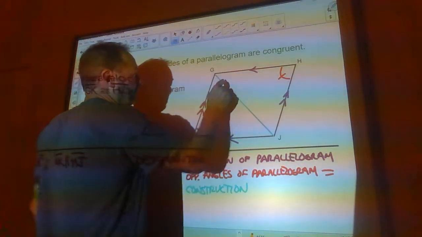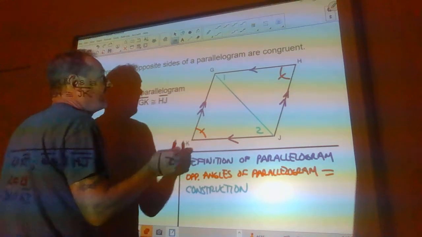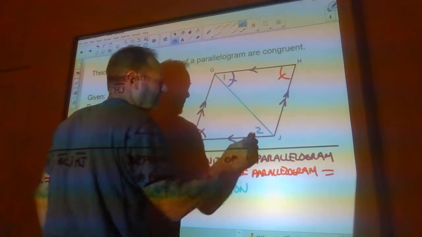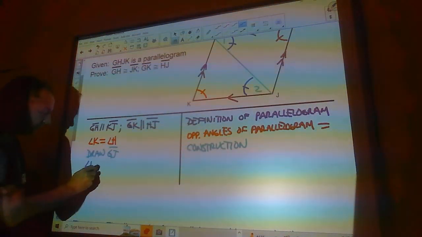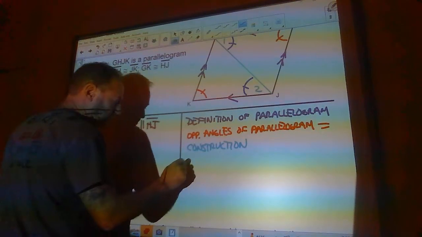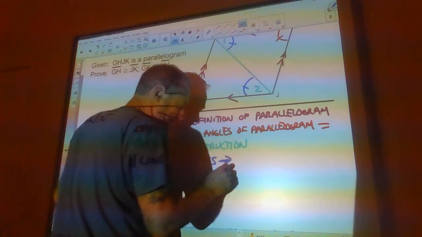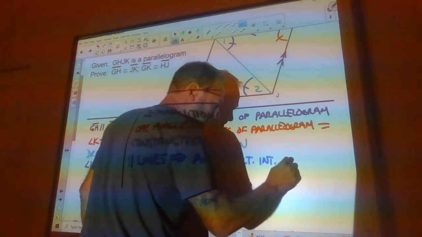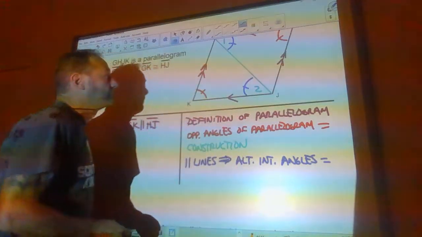Okay, it gives me angle 1 and angle 2, and since these are parallel, angle 1 has to be equal to angle 2 because they're alternate interior angles. Angle 1 is equal to angle 2 because parallel lines imply alternate interior angles are equal.